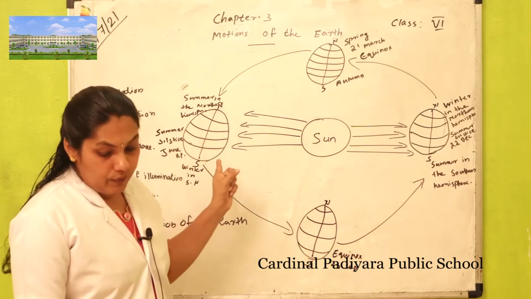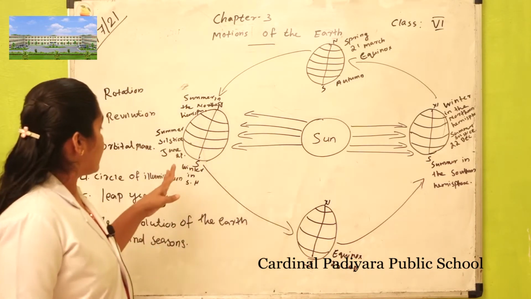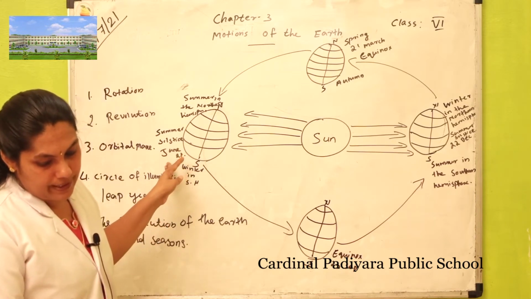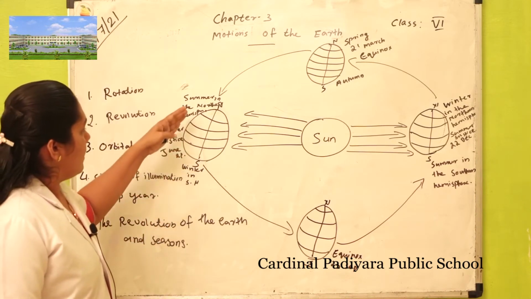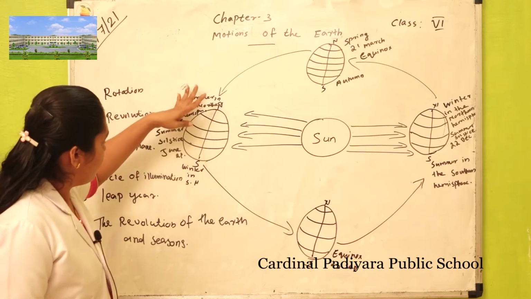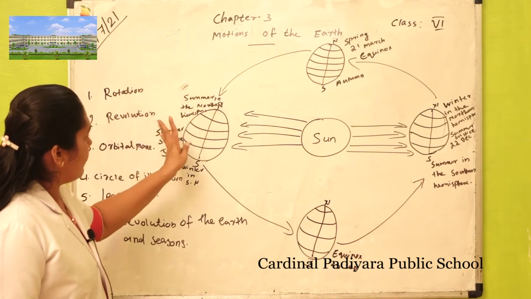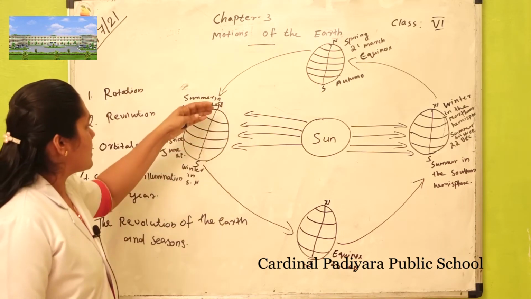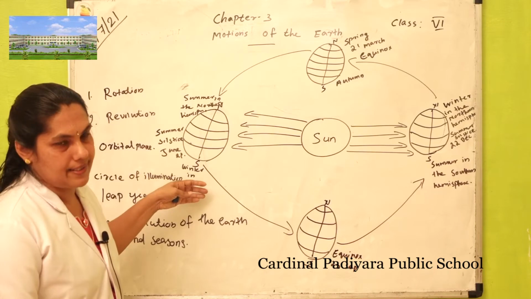Here you will see that on June 21st, there are two seasons in the diagram, the summer season and the winter season.